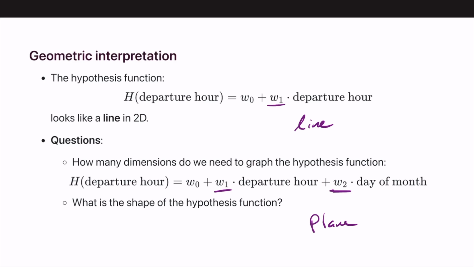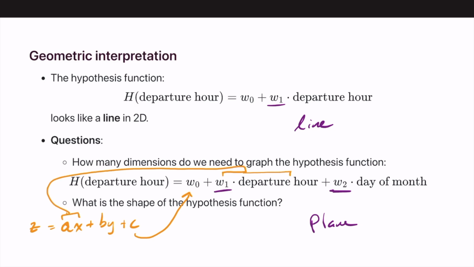If you remember back to the Math 20 series, you would see an equation along the lines of z equals ax plus by plus c. In this case, your c is your W naught, and then your ax would be that, and your by would be this.